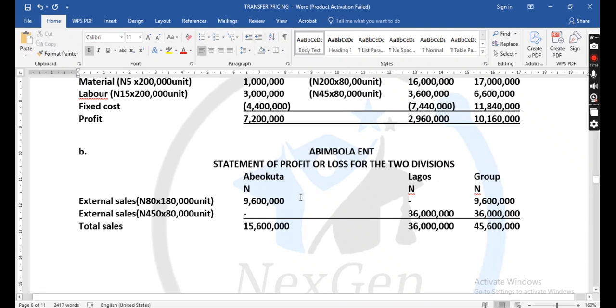Now, when you multiply this, what do you have? 14,400,000.